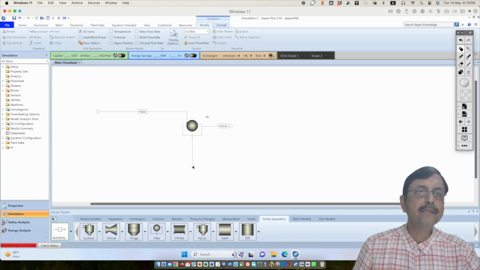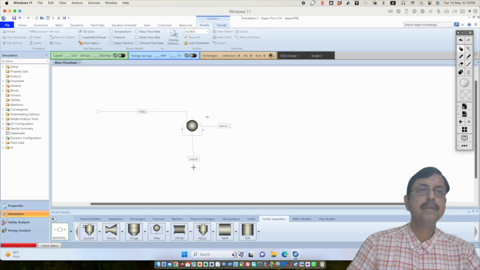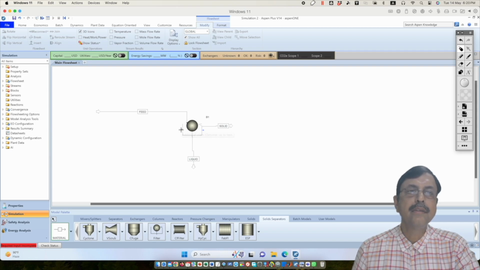And this one is liquid. So these are the two mandatory streams: one mandatory input and two mandatory outputs, one solid and one liquid. And there are additional inlets, maximum 2 inlets and maximum 2 outlets.